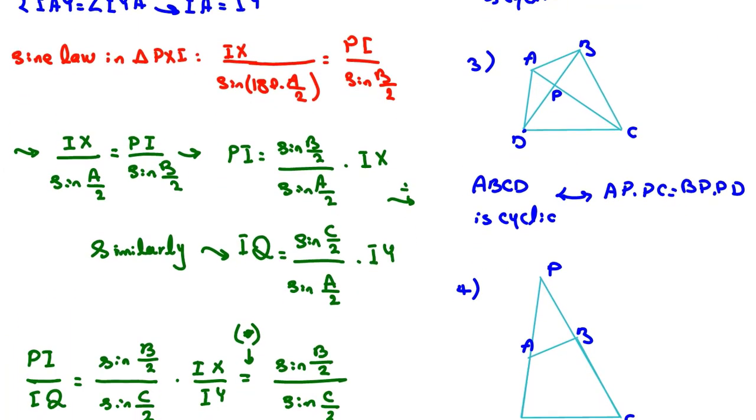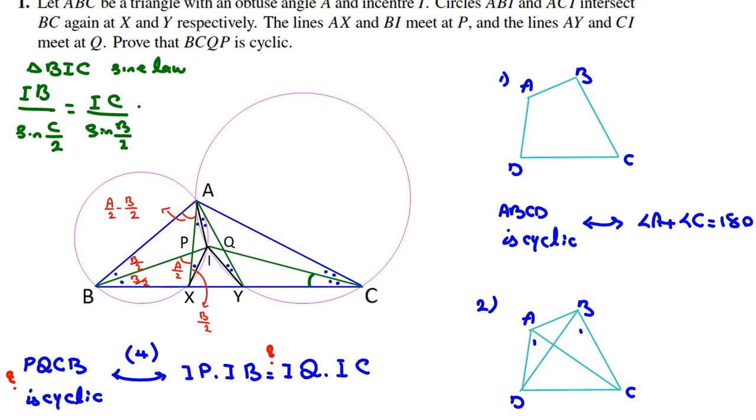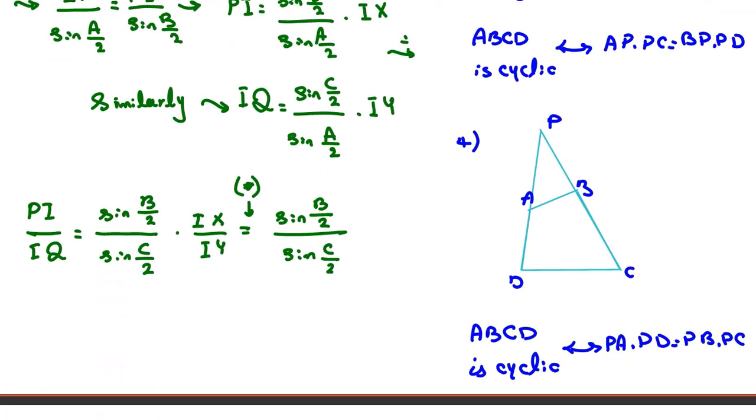And because here we want sine B over 2 over sine C over 2, we conclude sine B over 2 over sine C over 2 equals IC over IB. So we can write here it is equal to IC over IB.